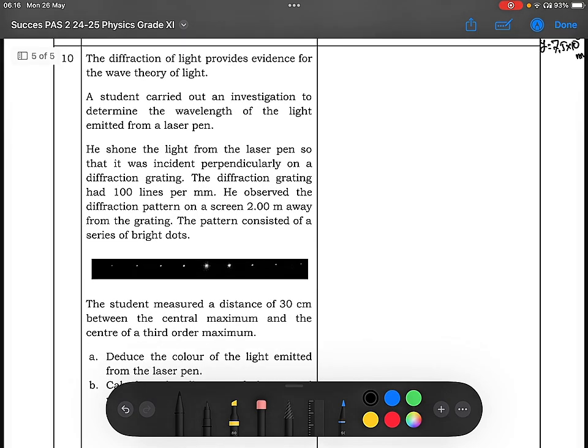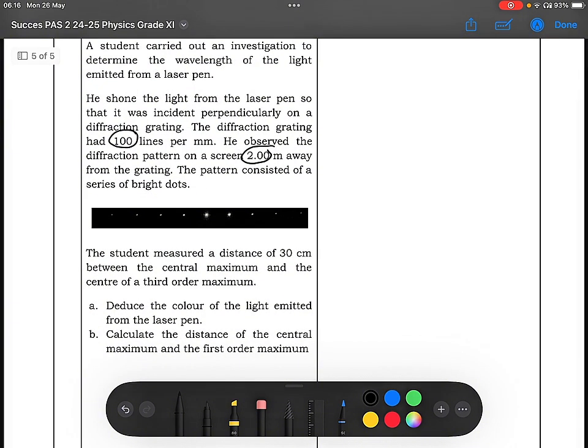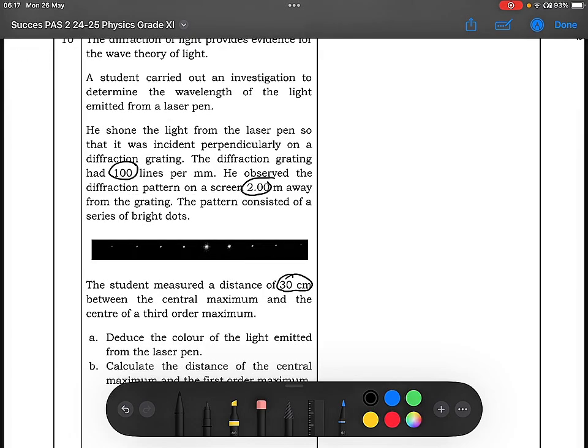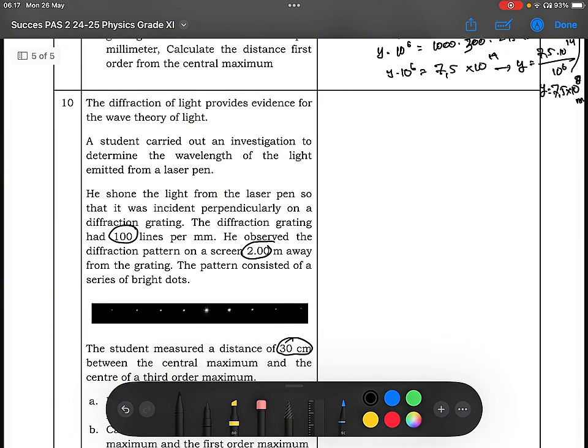Okay, the last number. The diffraction of the light happens that way. You can see the grating lines, n is 100, and observe the diffraction pattern on the screen at distance L. The student measures the distance y. Why do we reduce the color? I think you can find the wavelength lambda with y per L equals m lambda.